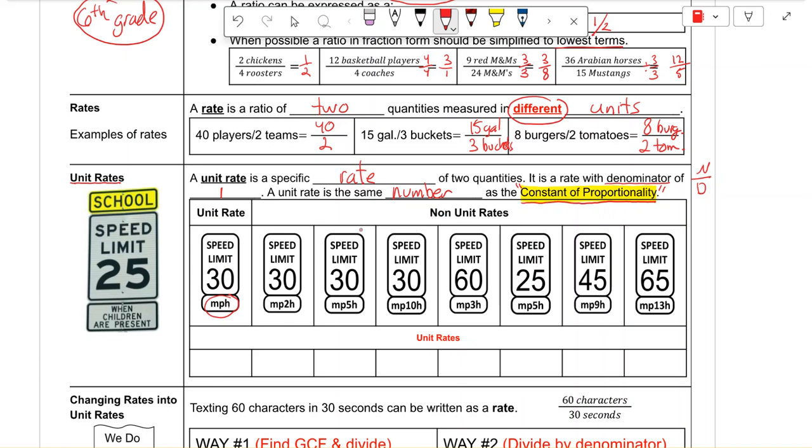And all of these are non-unit rates because if you look closely, this is miles per 2 hours. This one's miles per 5 hours, miles per 10 hours, 3 hours, 5 hours, 9 hours, and 13 hours. Now, if we actually had signs like this when we were driving, non-unit rates, it'd be so difficult to actually know the speed.